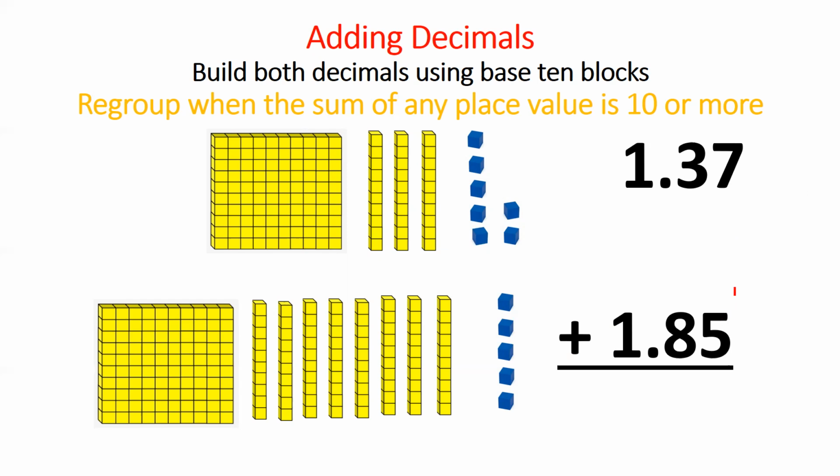Well, I'm going to need to regroup because the sum of the place value is more than 10, right? So when I regroup my hundredths, I can make 10 hundredths into one tenth, by trading ten of my hundredths cubes for one rod, and I'm going to add that over here.